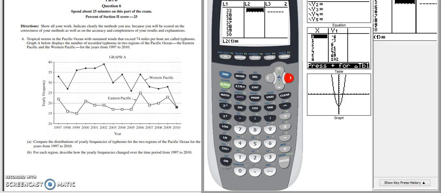Now I'm going to put Eastern Pacific in there. It is roughly 22. Again, these are not exact values.